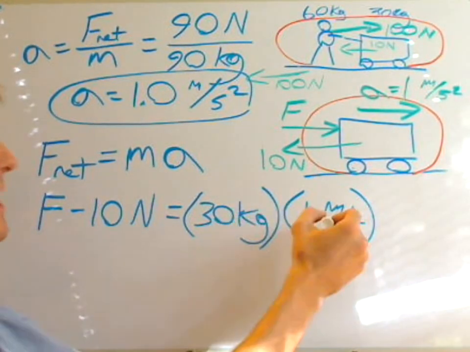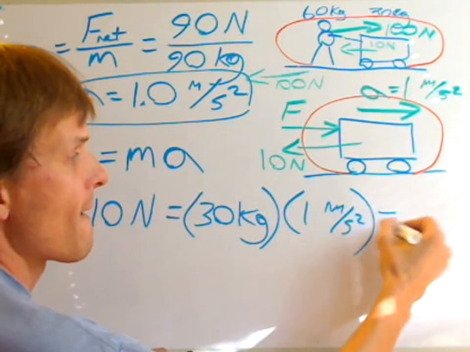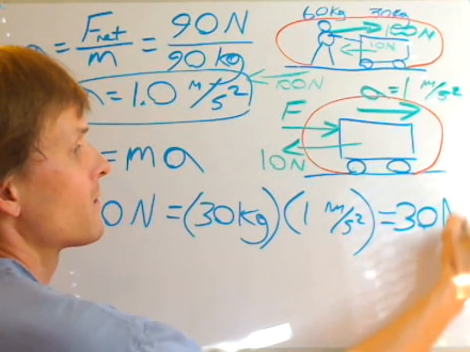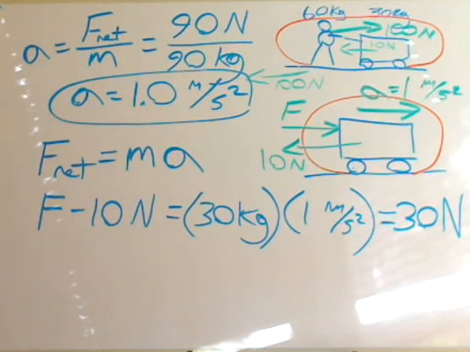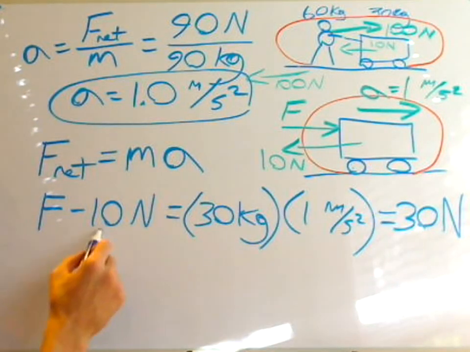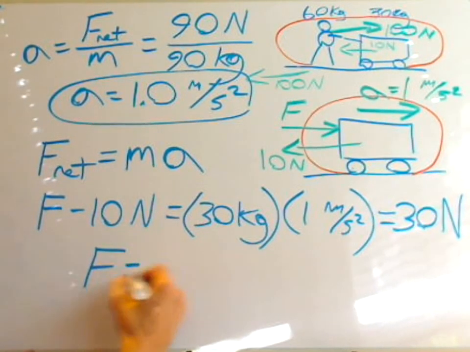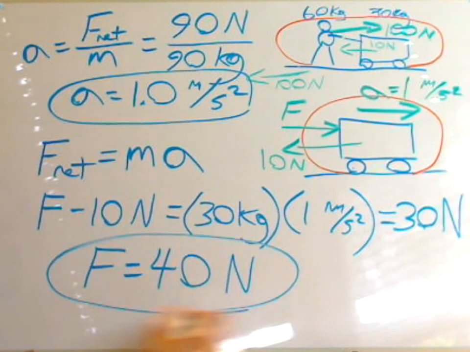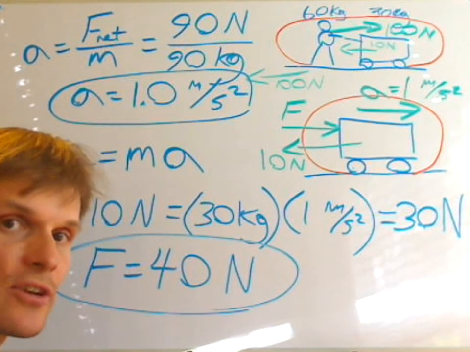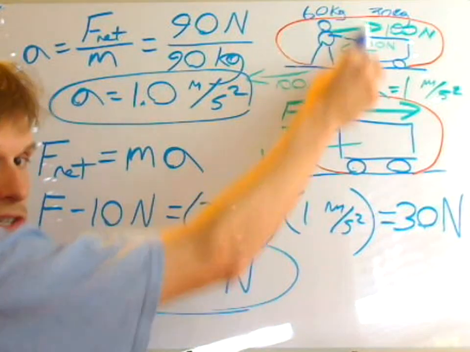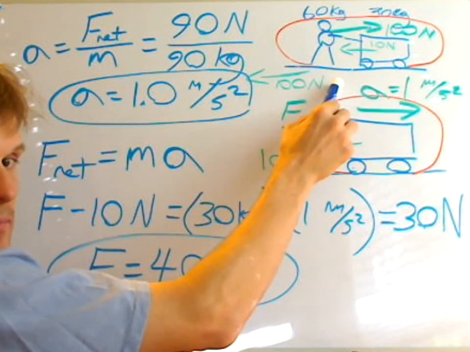Okay, so 30 times 1 gives you 30. And remember, the units here are newtons. So F minus 10 newtons is 30 newtons. Add 10 to both sides of that equation, and you find that the force with which the person pushes on the cart is 40 newtons.